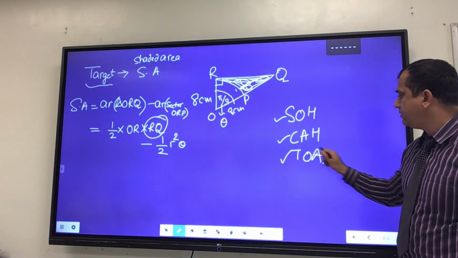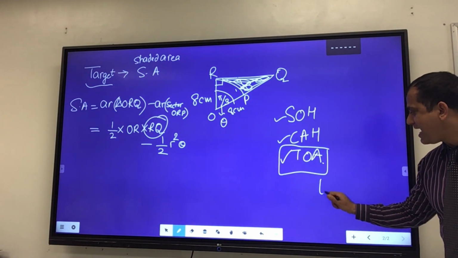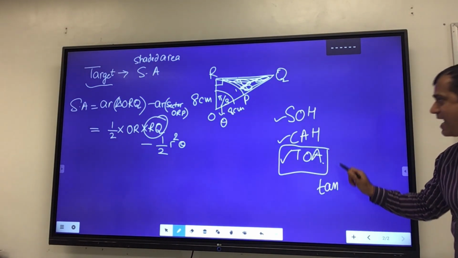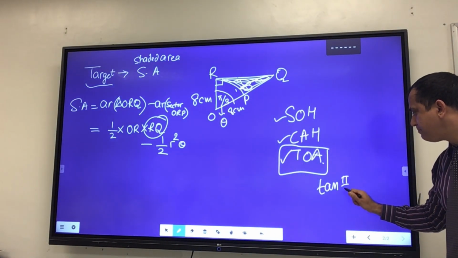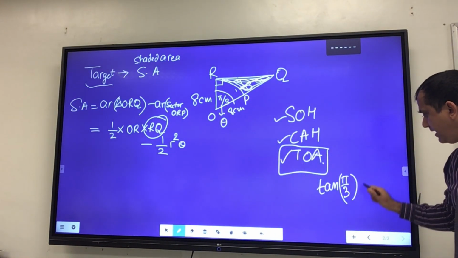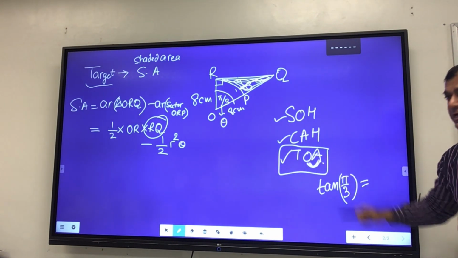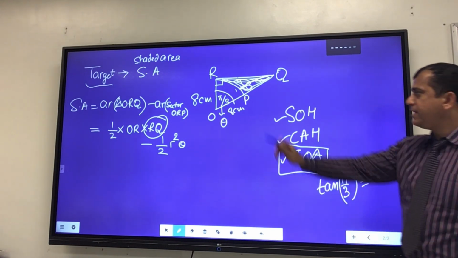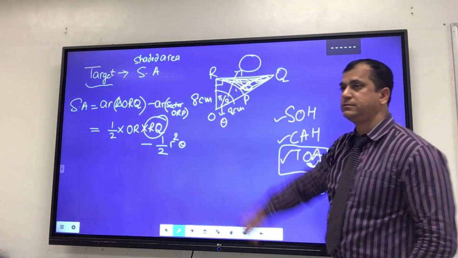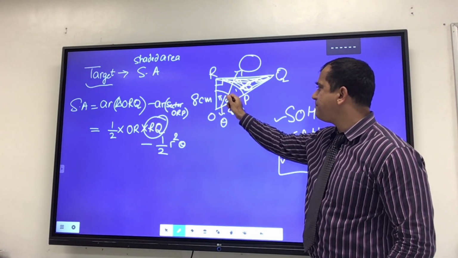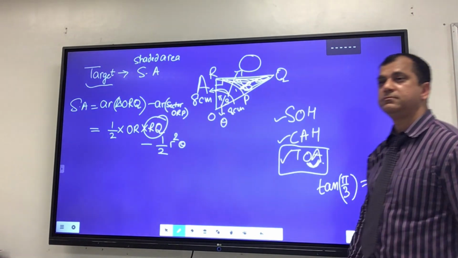We have to use this ratio TOA, right? Tan of the angle, which is pi by 3, so tan pi by 3 is equal to, by TOA, opposite divided by adjacent. For this angle pi by 3, this side is opposite and this side is adjacent.